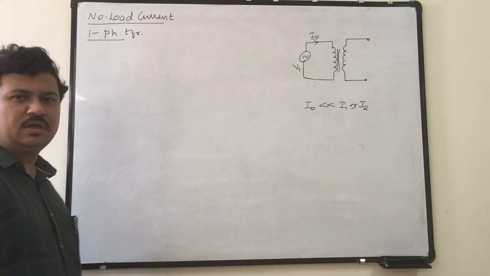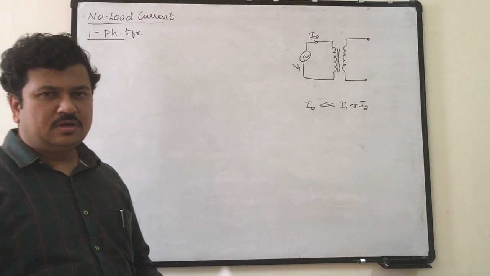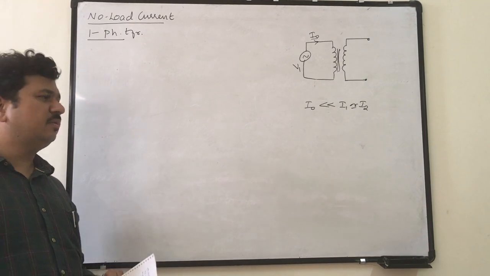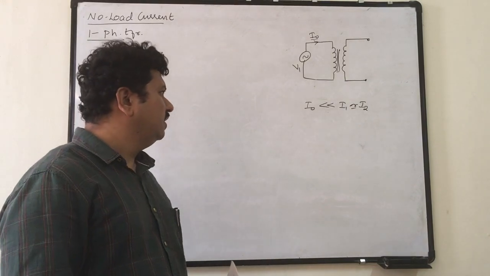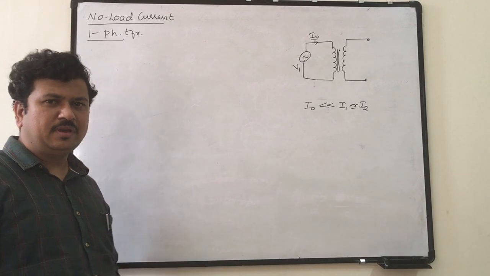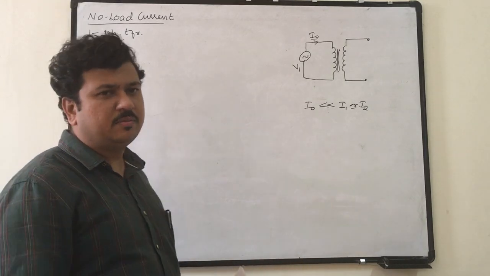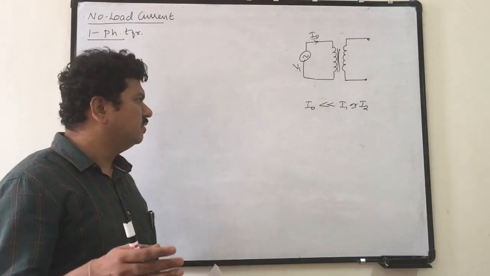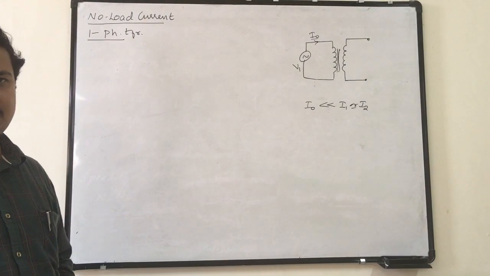If you remember the experiments you did in the previous semesters in the lab, the open circuit and short circuit tests on the transformer: we had a 2 kVA, 230/115 volt transformer, and when we connected the supply of 115 volts to the primary and kept the 230 volt side open, the normal current rating of the transformer was around 17 amperes, but the no load current drawn was not more than 0.6 amperes.